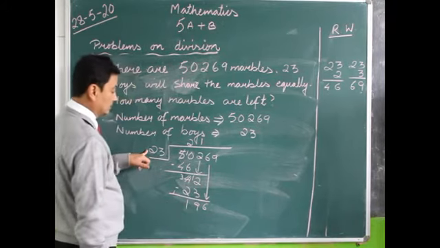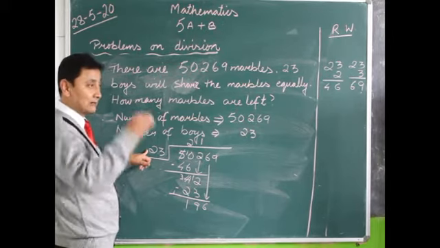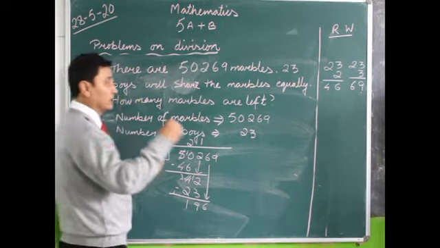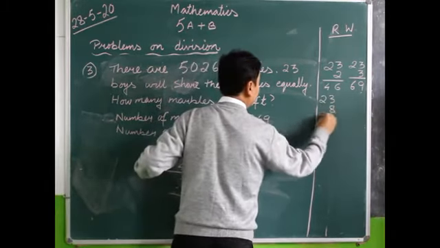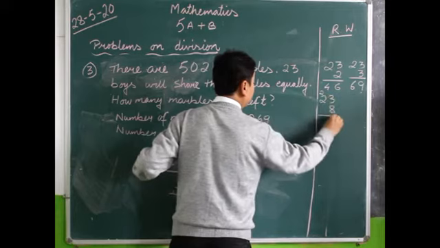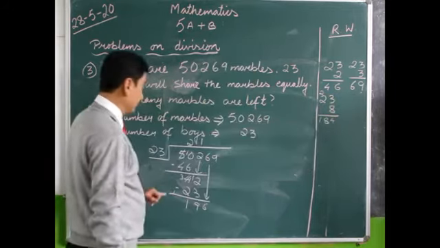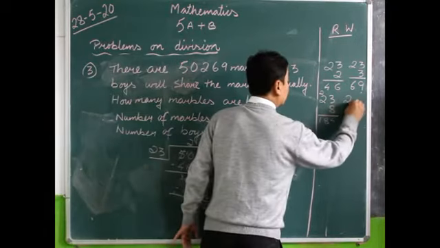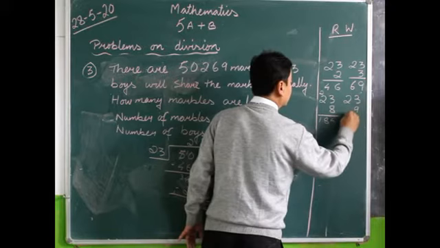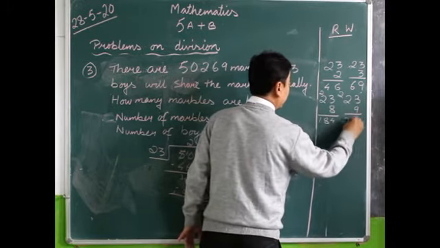2 will go into 19 how many times? 9 times, but come down one number. So 23 8s are: 8 3s are 24, 8 2s are 16, 17, 18. We got our answer. But let's do it once more. 9 3s are 27, 9 2s are 18, 19, 20.